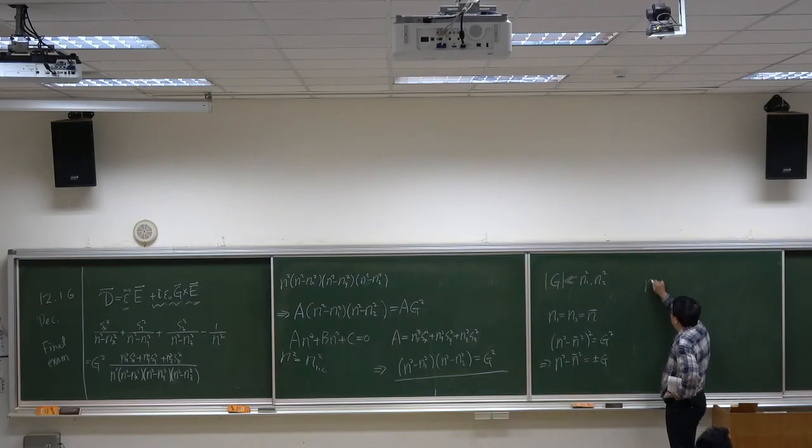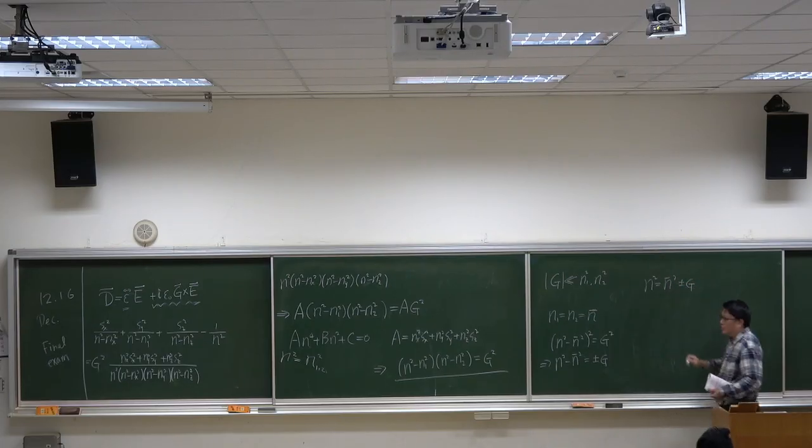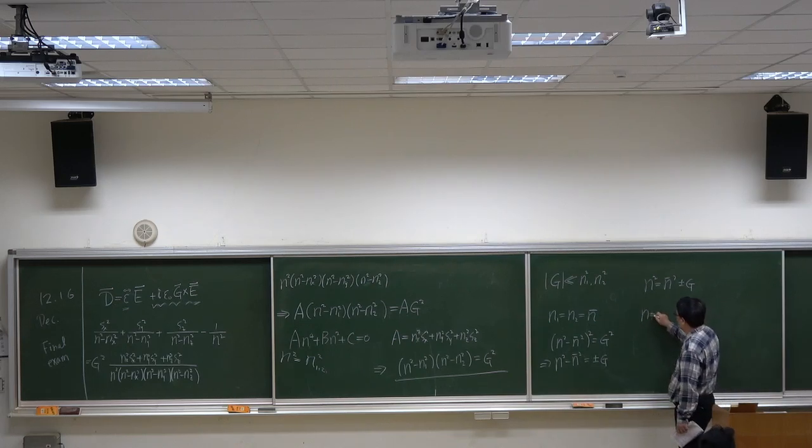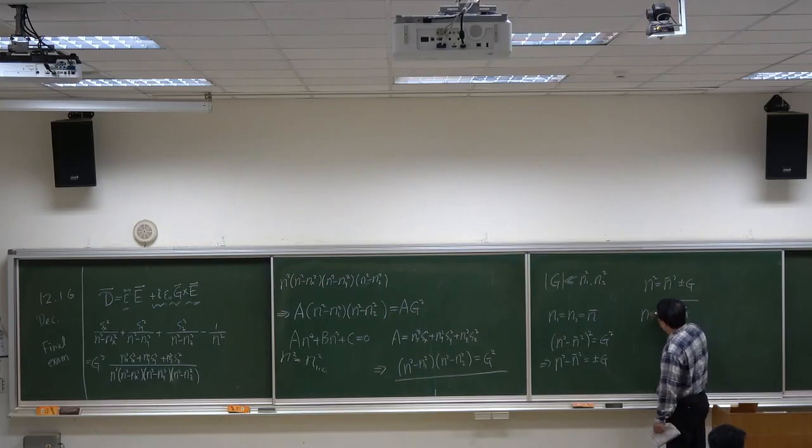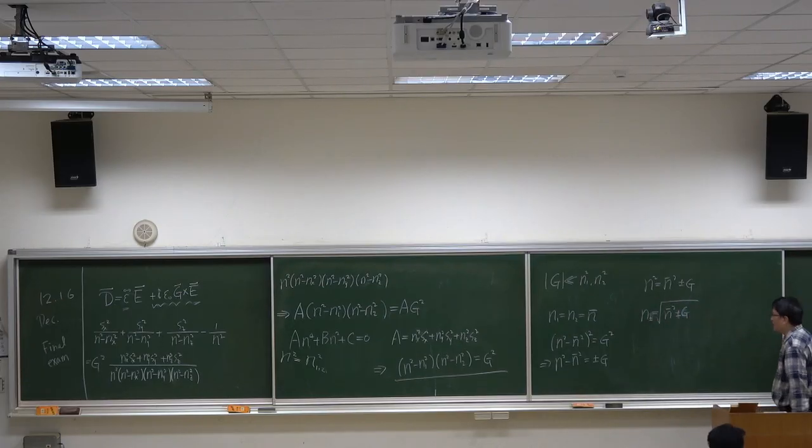So n squared becomes n bar squared plus or minus g. So we can take the root to find the two possible solutions of the new refractive indices.